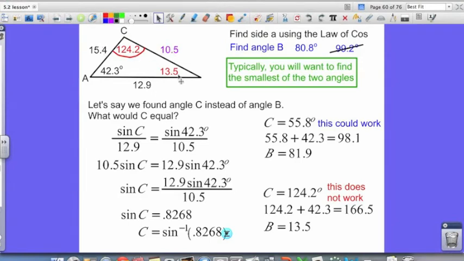Between these other two angles that I don't know, which is the smallest? 15.4 or 12.9? I know, silly question. 12.9 is the smallest, so I'm going to want to find angle C first. When you do this, you will get two answers, like we did, but this other answer is going to be so big, it can't be a bigger angle than what we have here. You can automatically nix it, and you can just take your first answer.